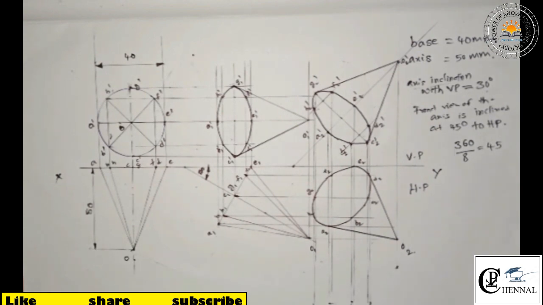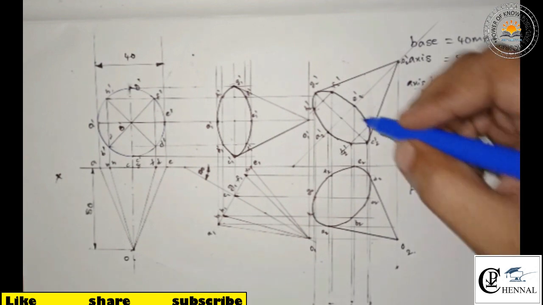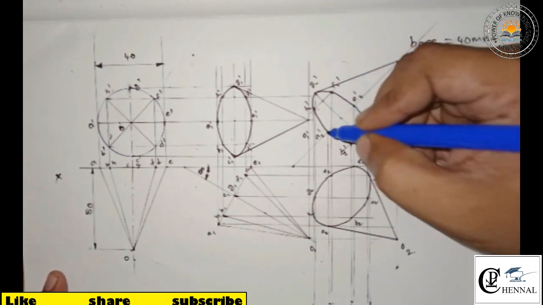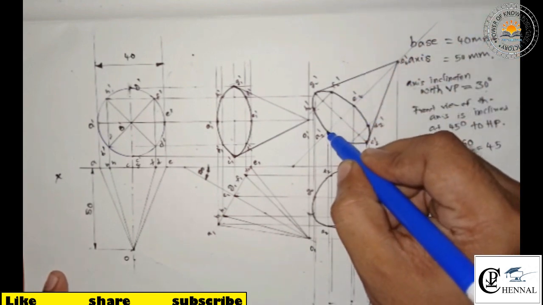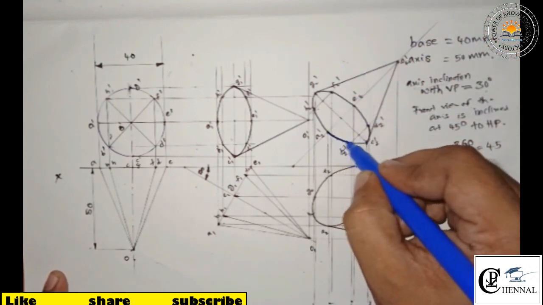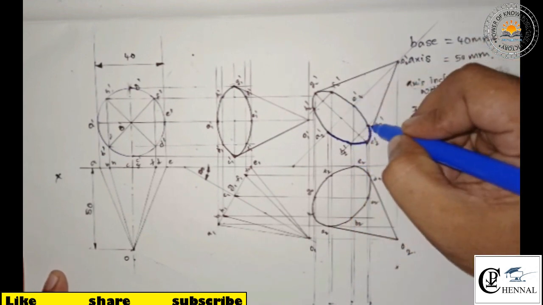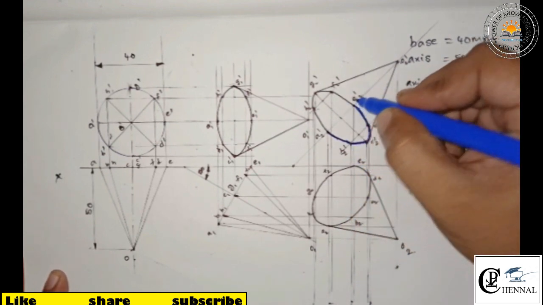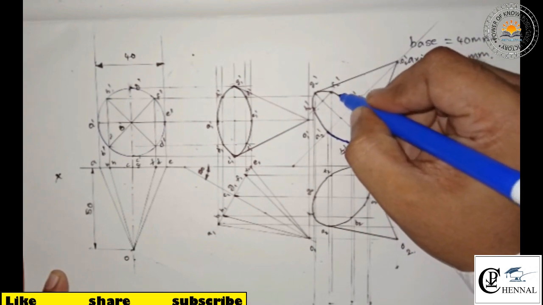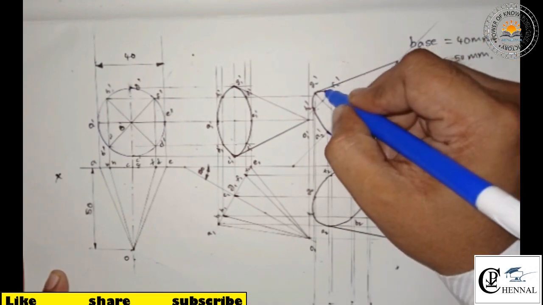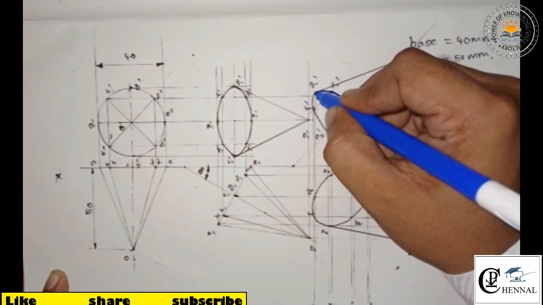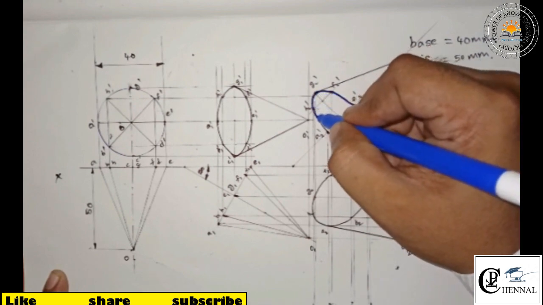Finally, the front view and top view should be thick. So A2 to B2, B2 to C2, C2 to D2, D2 to E2, E2 to F2, F2 to G2, G2 to H2, H2 to A2.